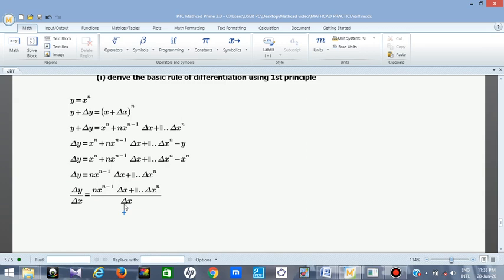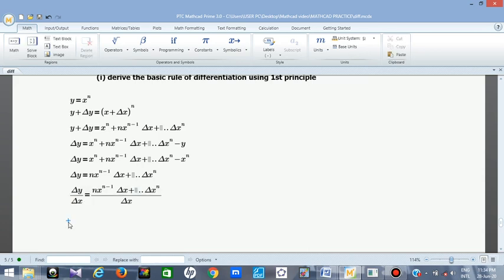So delta x is going to cancel out this delta x, then delta x is going to cancel out delta x here. So since you don't know the value of n, we end up with this, but we all know that this value will now be n raised to n minus 1. You know this is having minus 1. Let me just demonstrate it in the next step so that you get what I'm talking about. So this is what I mean.